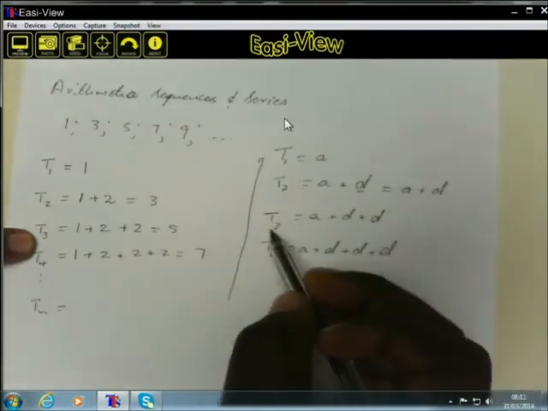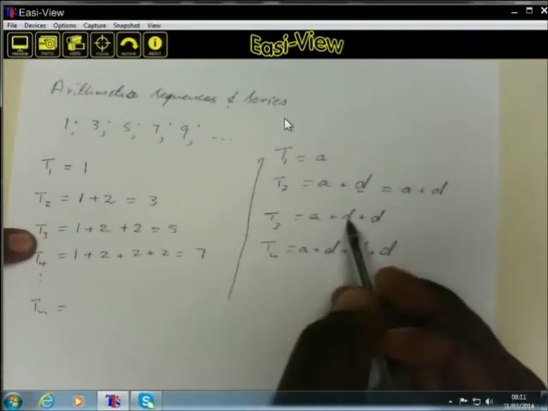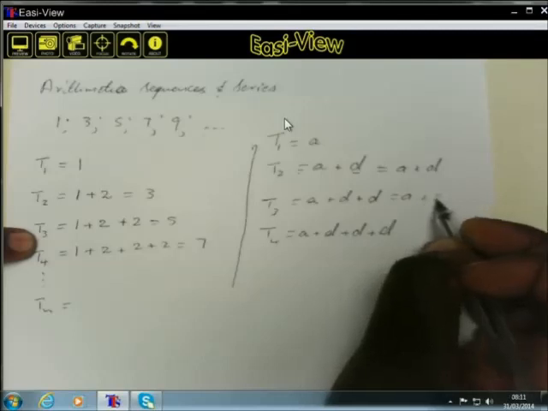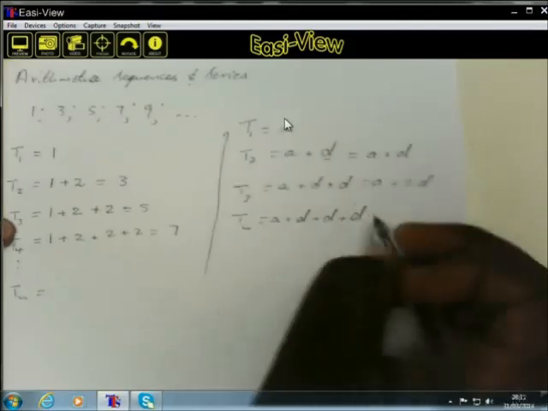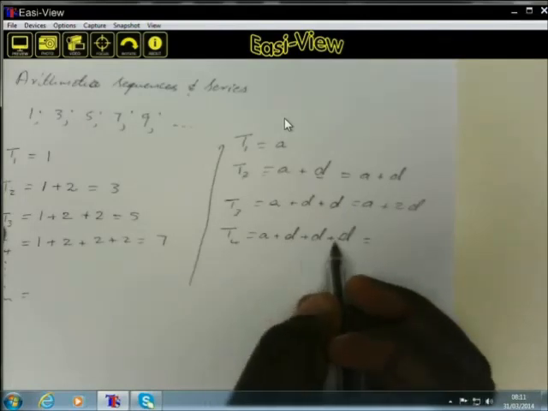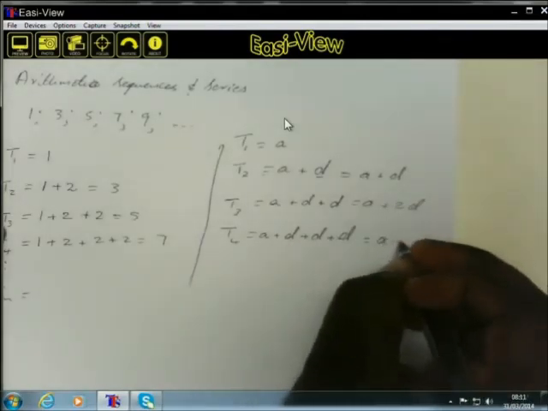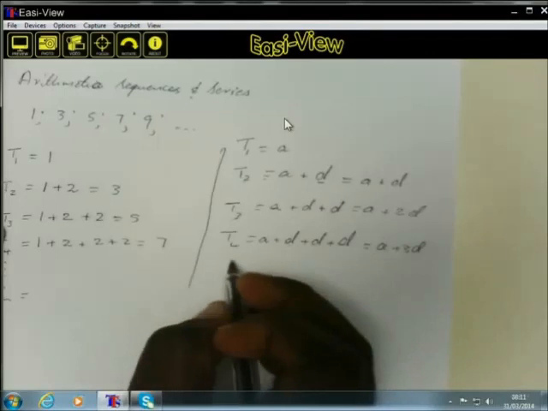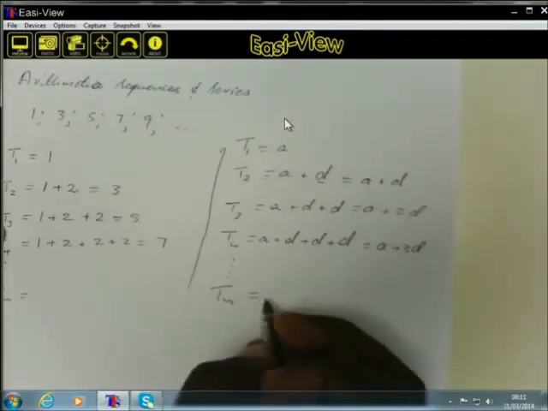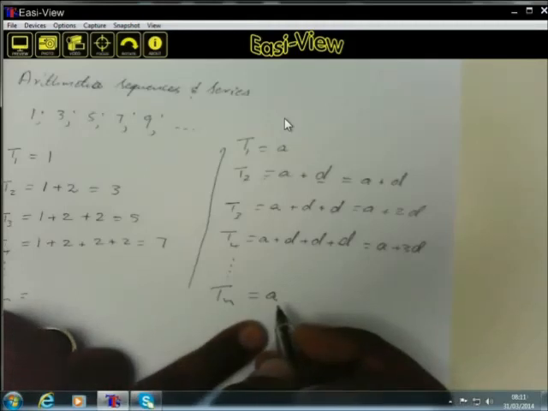Then when we get to T3, d plus d is actually equal to 2d. And with the fourth term, d plus d plus d will give us 3d. If we continue that up to the nth term, it means we will have a. The first term will always be there.